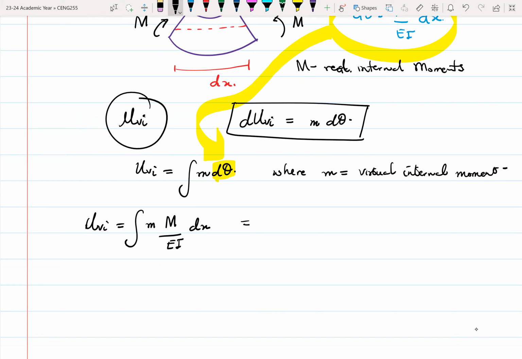So I can rewrite this equation here. If I know my limits of integration, which is 0 to L in most cases, then it becomes small m, big M over EI dx.